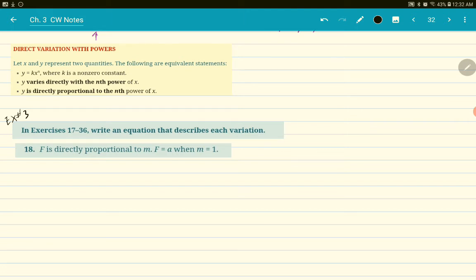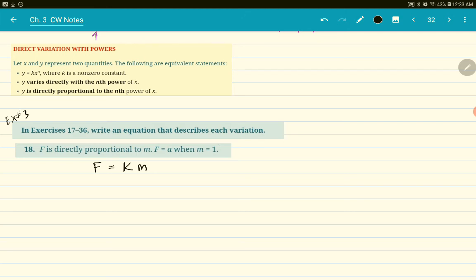In this example, number 18, we have F is directly proportional to M. That tells me F equals some constant of proportionality, K, times M. So F and M are our variables, and K is the constant we need to find.